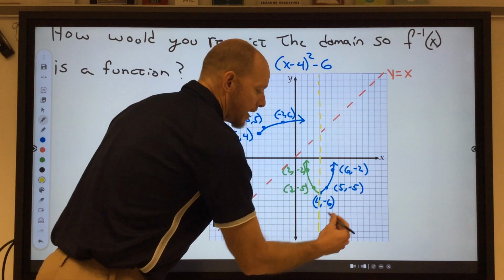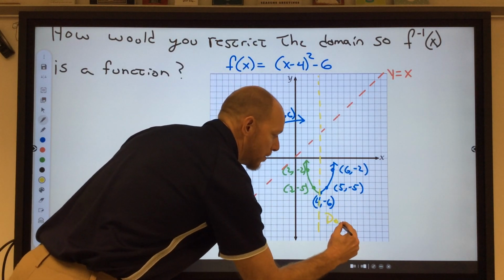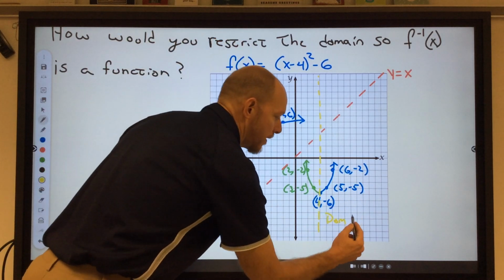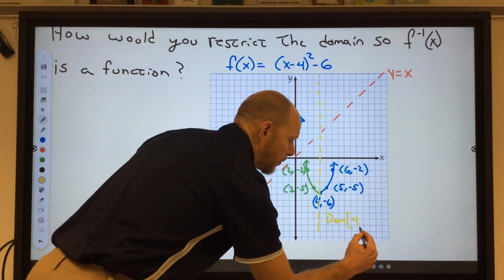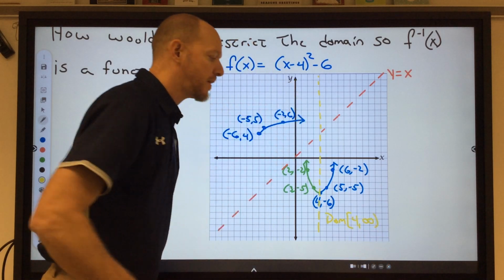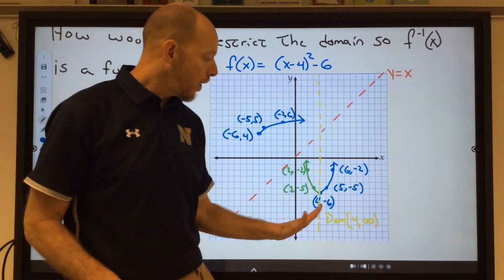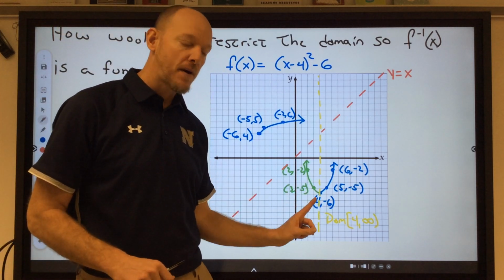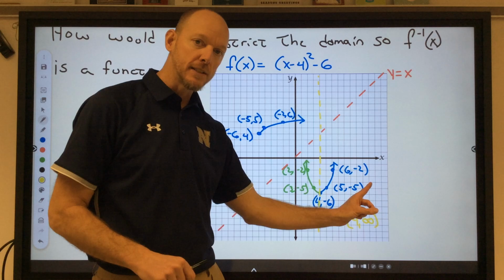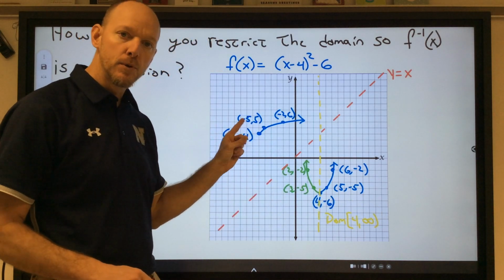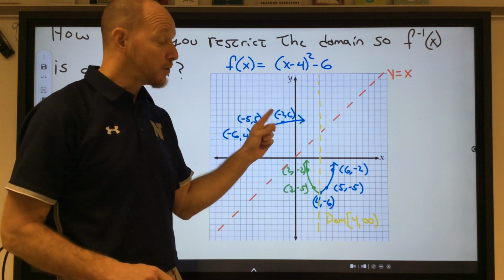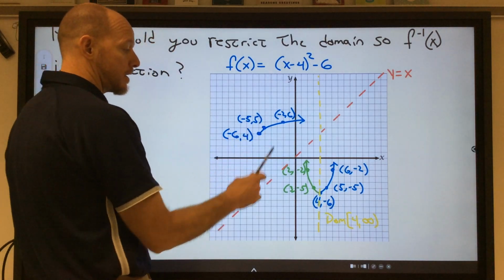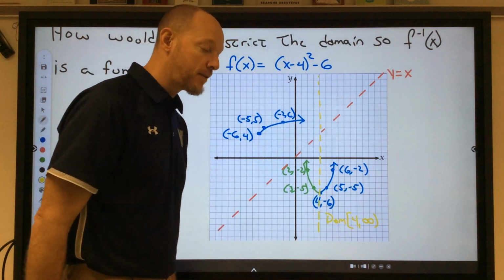So this blue graph is formed from a domain from our value of 4 going to positive infinity. As long as we substitute in x values from 4 to positive infinity, we get this blue inverse graph. So the restricted domain in order to get this would be from 4 to infinity.